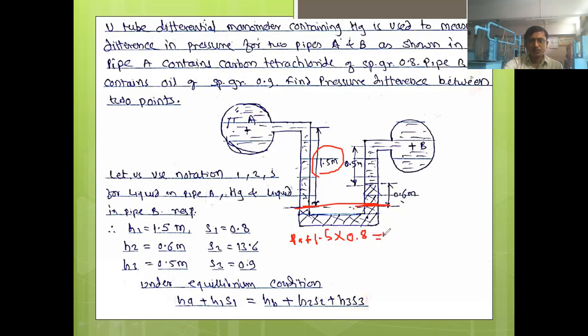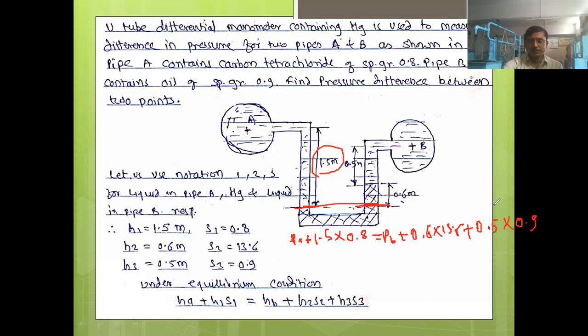It must be equal to PB plus H2S2. H2 is 0.6 into S2, 13.6, plus H3S3, where H3 is 0.5 into S3, which is 0.9.